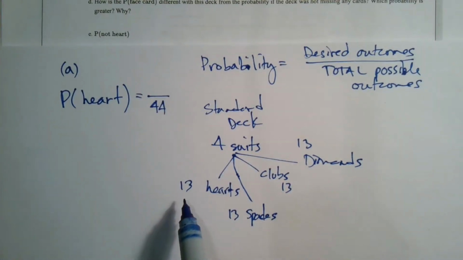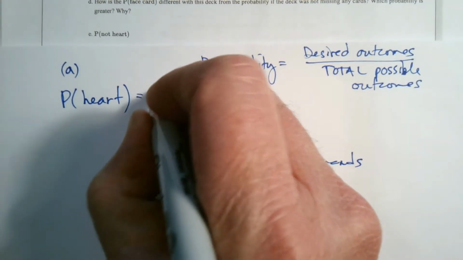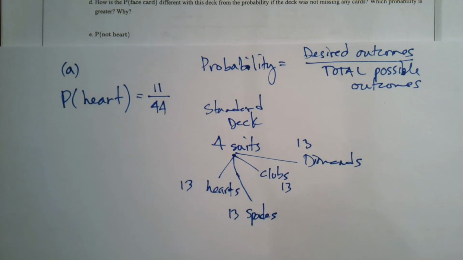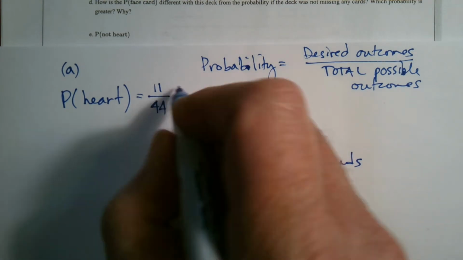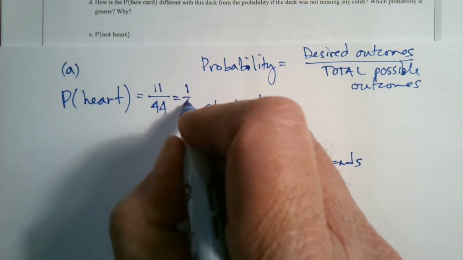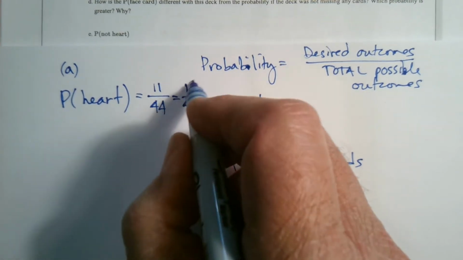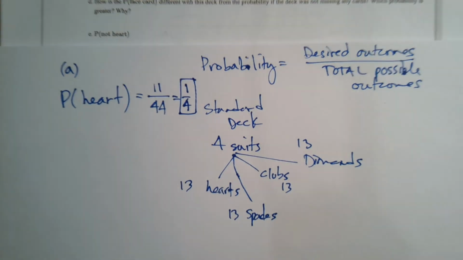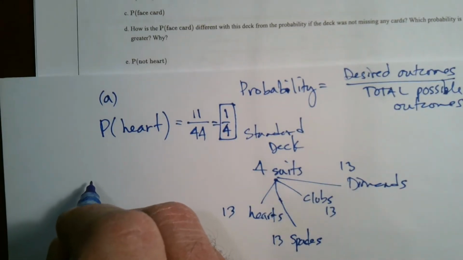So no longer are there 13 hearts, there are 11 hearts. So the probability of getting a heart is 11 over 44, or 1/4. The 11 can divide out.